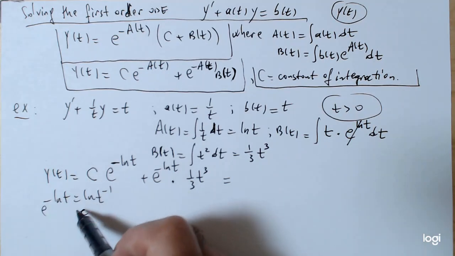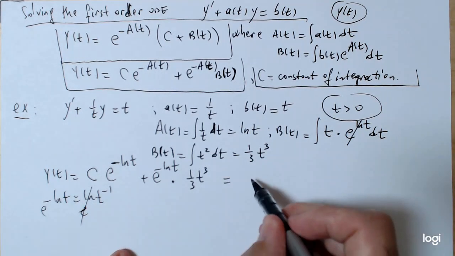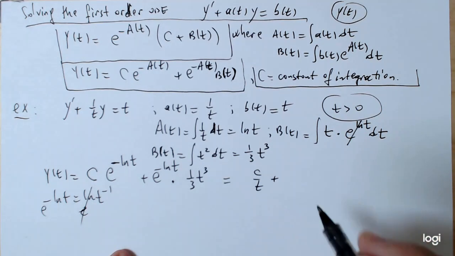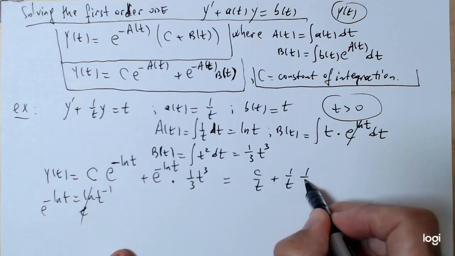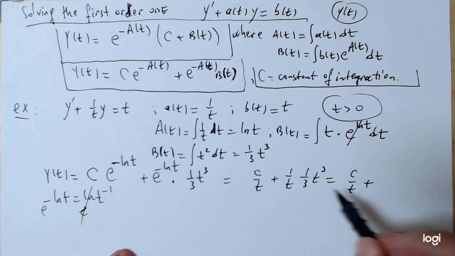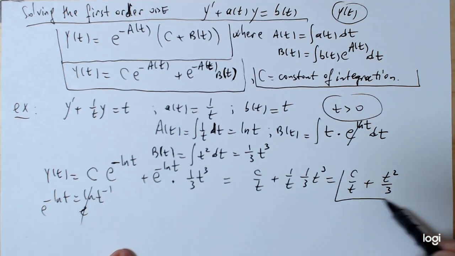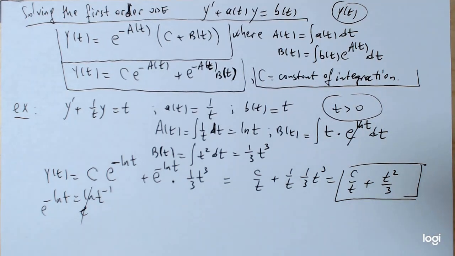So when you exponentiate, e to the minus ln of t becomes t to the negative 1. So it's actually c over t plus 1 over t times 1/3 t cubed. Simplify further, t cubed with 3, c over t plus t squared over 3.